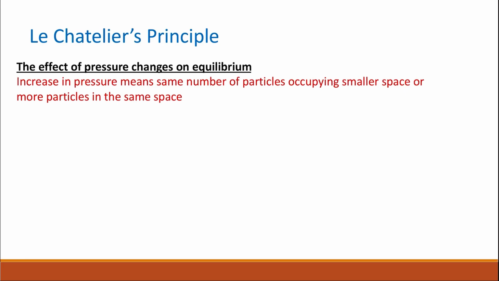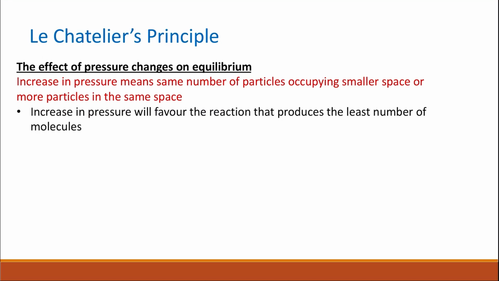Increase in pressure could mean that we have the same number of particles occupying a smaller space, or it could mean a bigger number of particles occupying the same space.